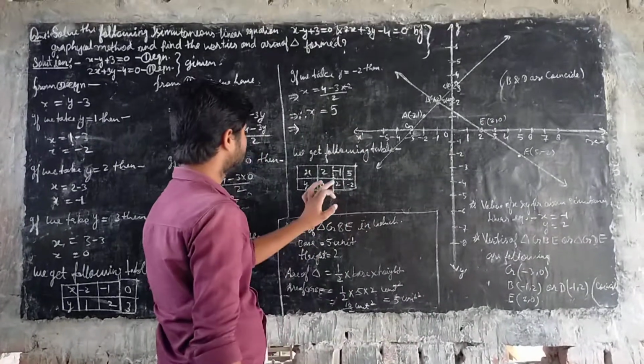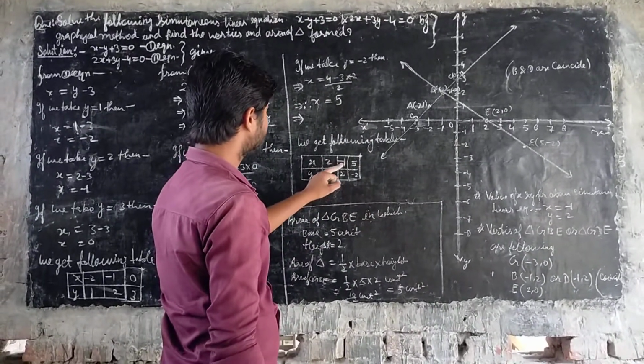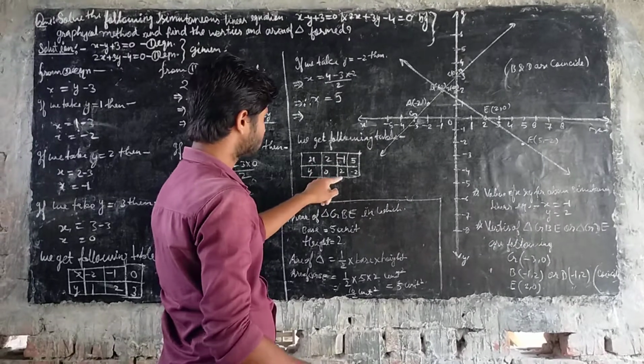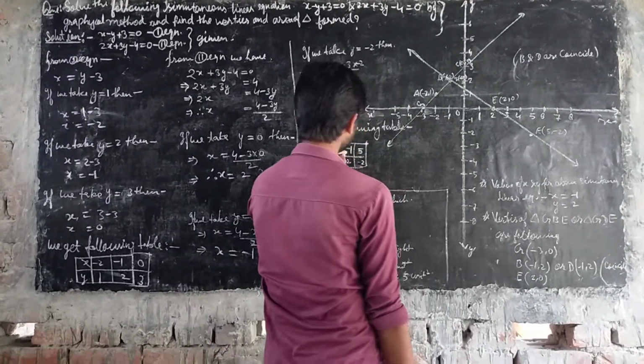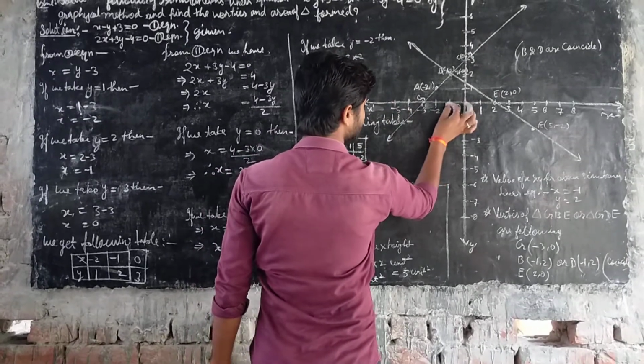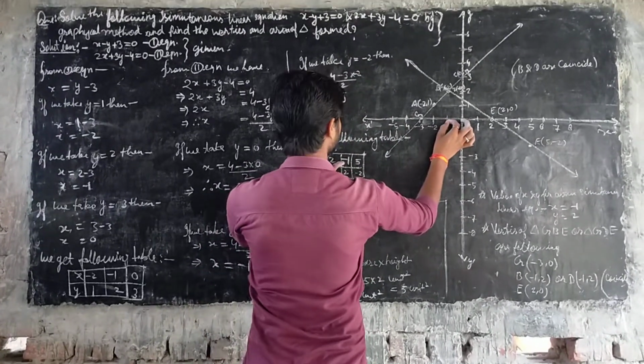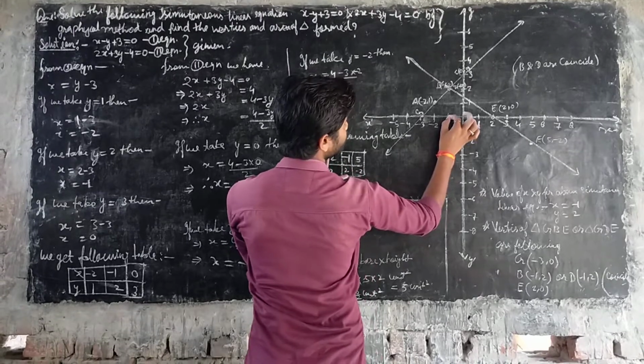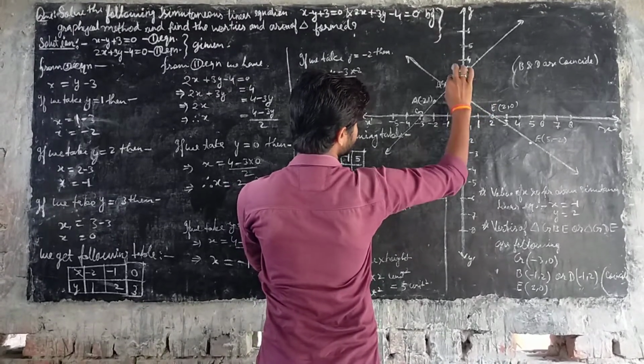For the second point, if we take x is equal to -1, then y is equal to 2. Taking -1 on the x-axis and y is equal to 2, the point coincides here.